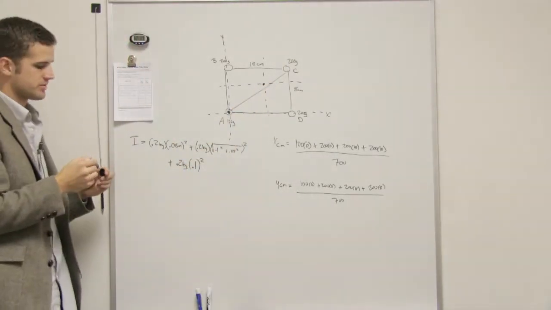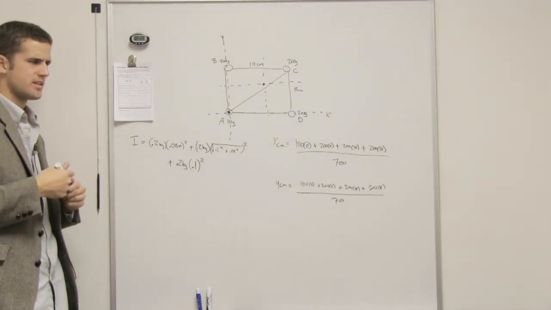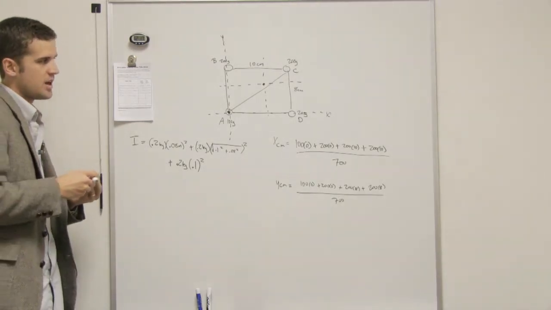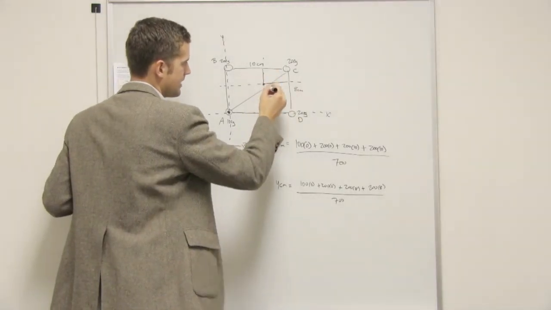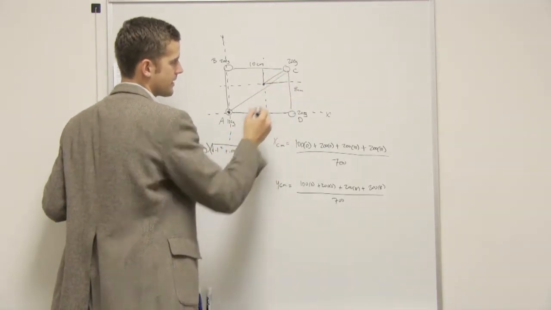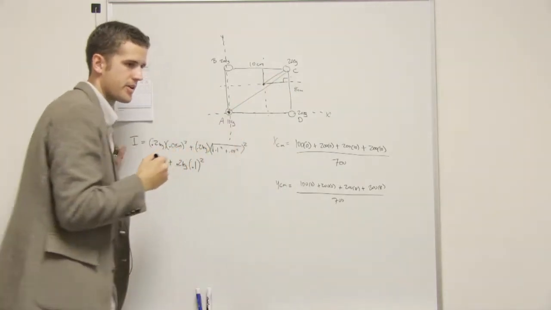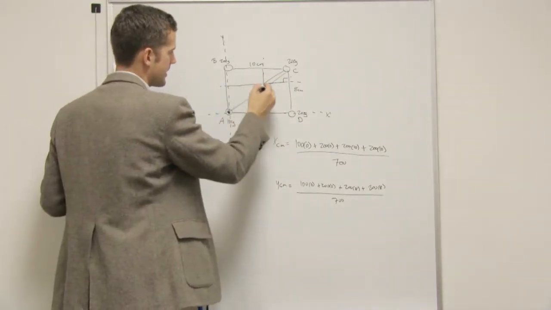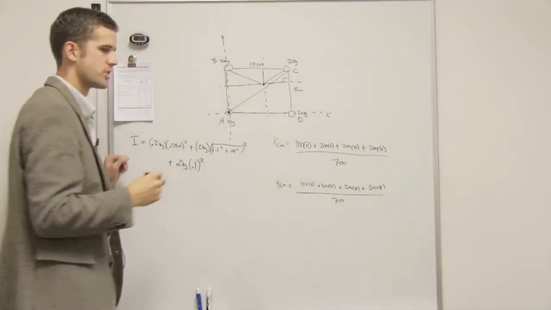I don't think they have you do that in any of the problems this semester, but you could do it. You just take this length and this length, which make a right triangle, so you can find that one right away. Same thing over here, and then you do the same thing you've been doing.